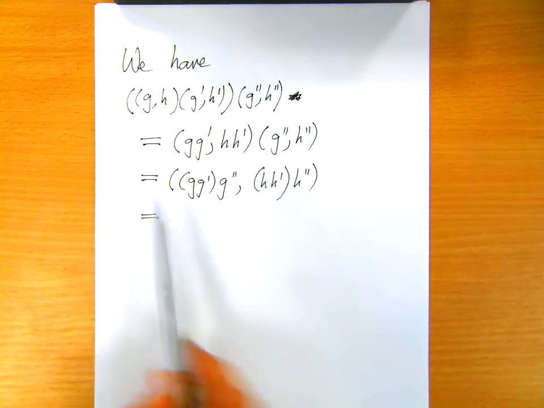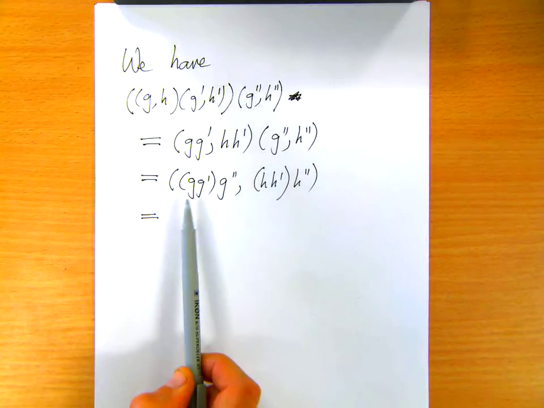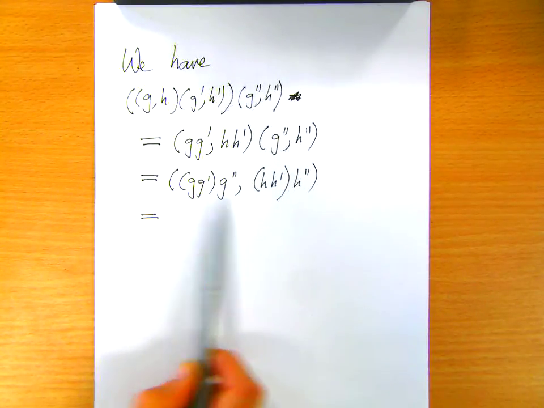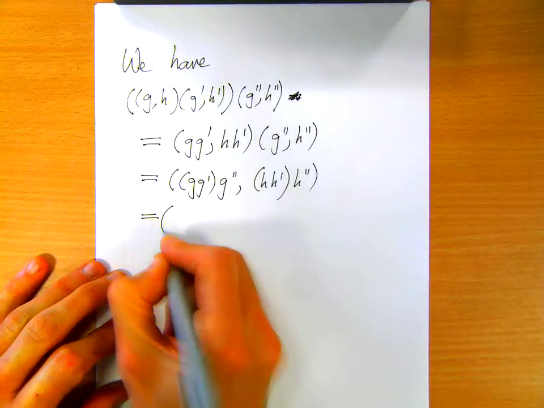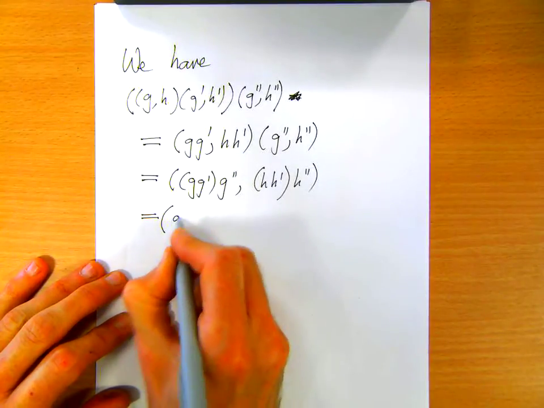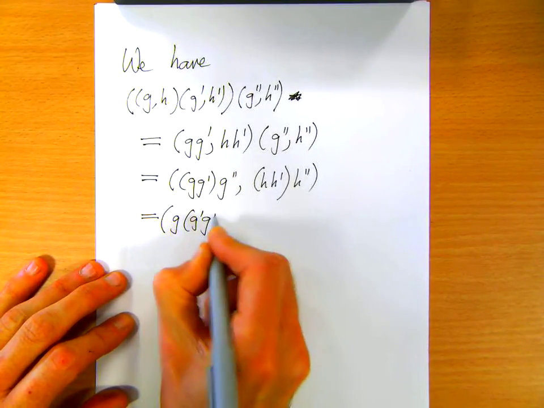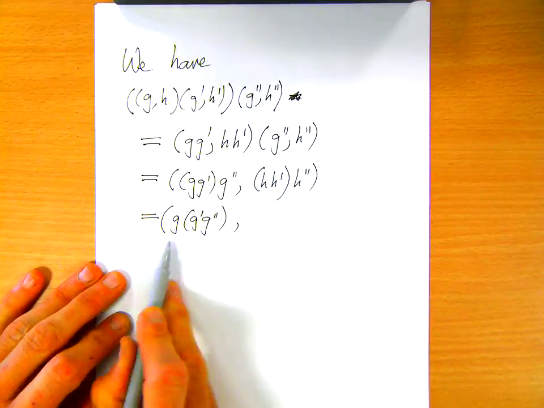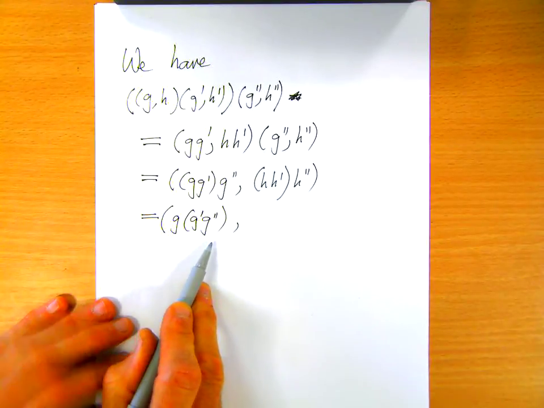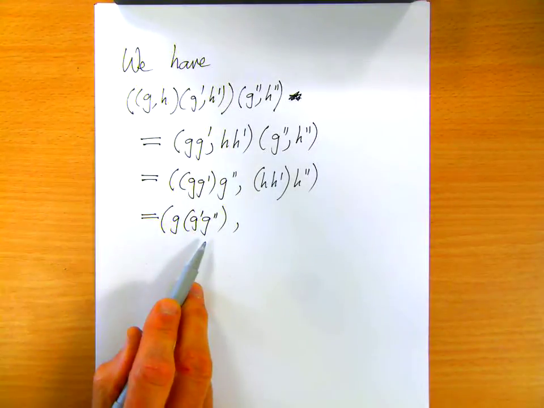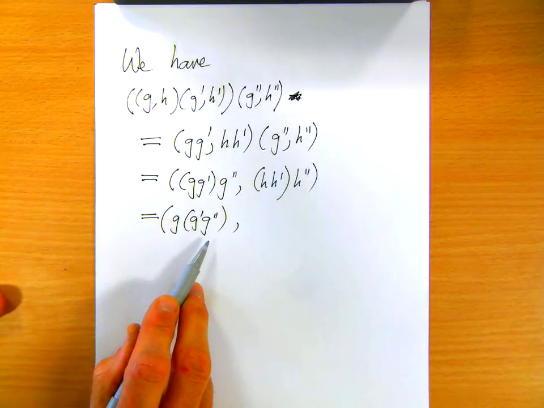And now we just look at each slot separately. In the first slot, we've got something that looks a bit like half of the associativity axiom for G. So we're using associativity in G here, just to shift the brackets around. I can use associativity in G because G is a group, so the binary operation is associative.